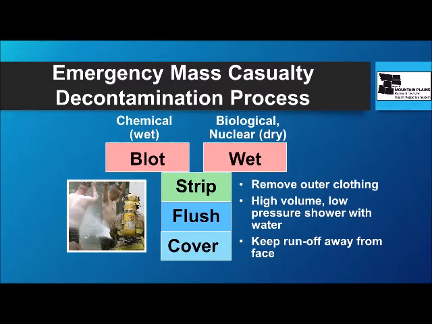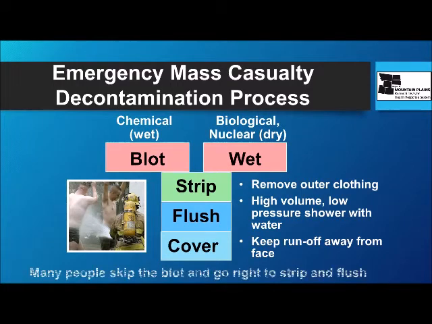Then have them remove their outer clothing and flush them with water, and then recover them once you're done with the process. Some folks skip the blotting process and go straight to strip and flush. And again, high volume, low pressure water, lots of water, is adequate for most of these contaminants.